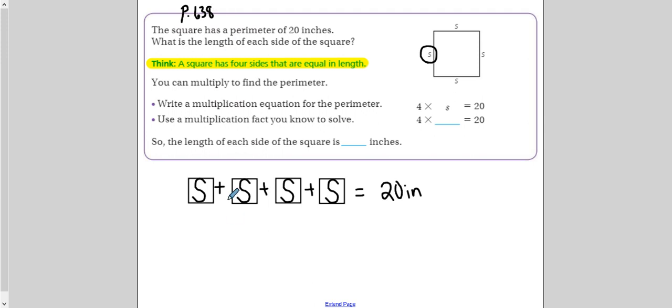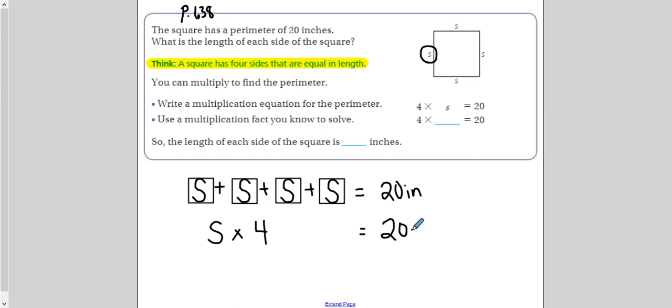But how do I know this? Well, this is repeated addition, and repeated addition is multiplication. So I have this s, I don't know what it is, and I'm multiplying it by 1, 2, 3, 4. Repeated addition is multiplication.